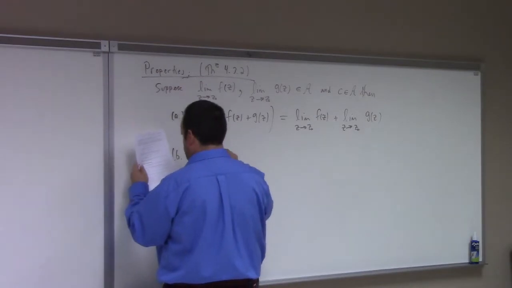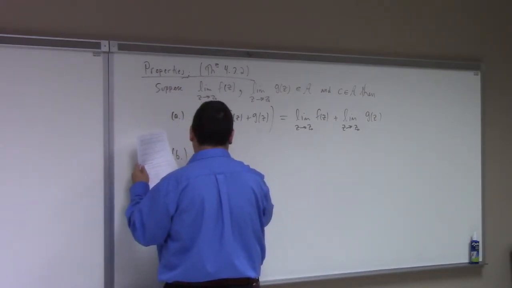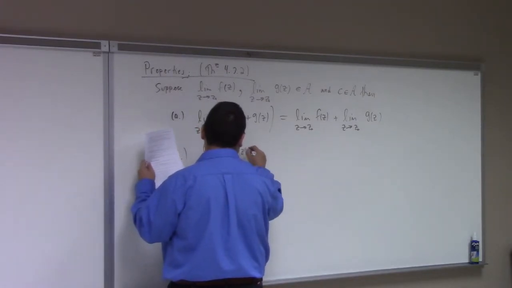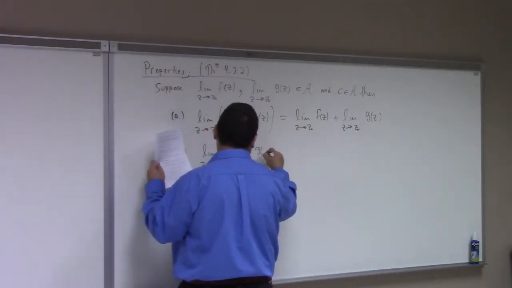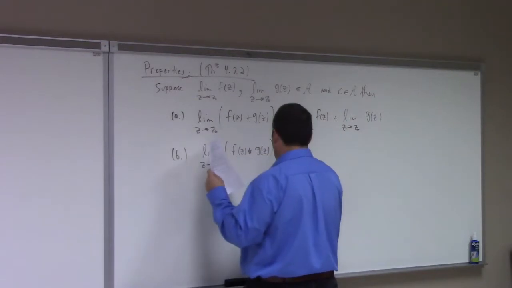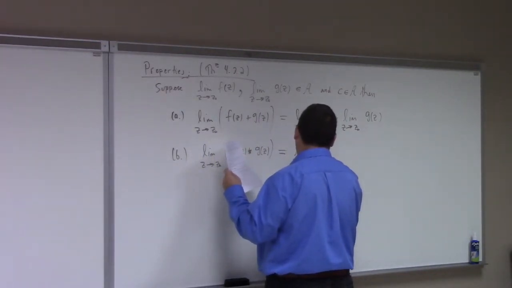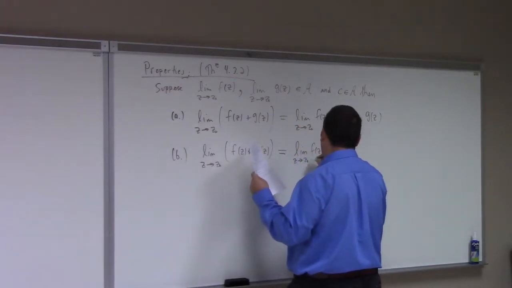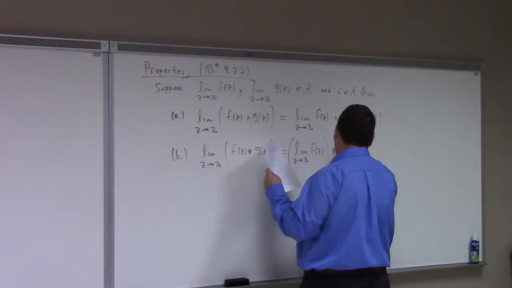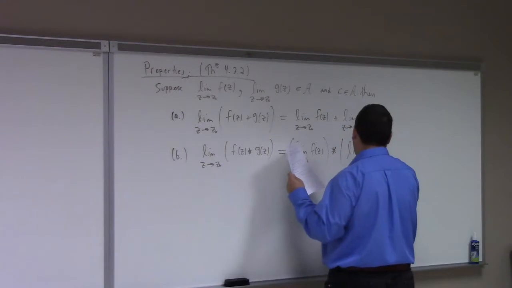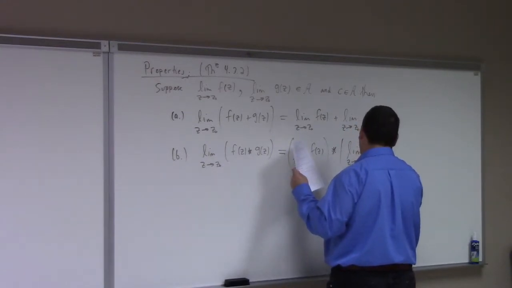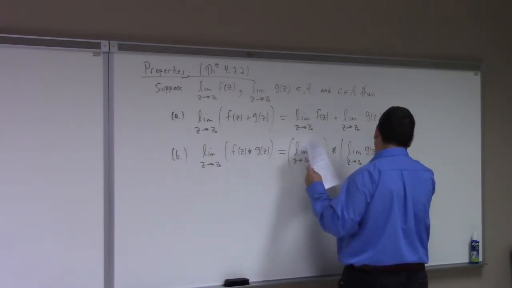B, the limit as z goes to z naught of f(z) star g(z) is equal to the limit as z goes to z naught of f(z), algebra product, times the limit as z goes to z naught of g(z).